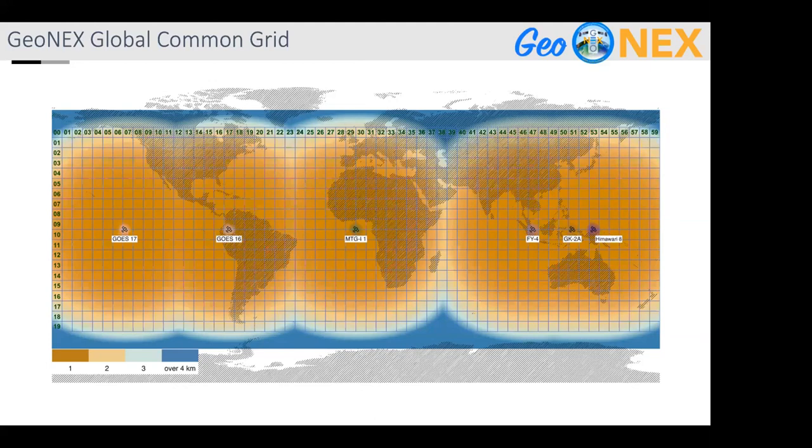Because of the coverage of geostationary, we cannot go to very high latitudes. We stop at 60 degrees north and 60 degrees south. Here also shows the coverage of the current sensors.